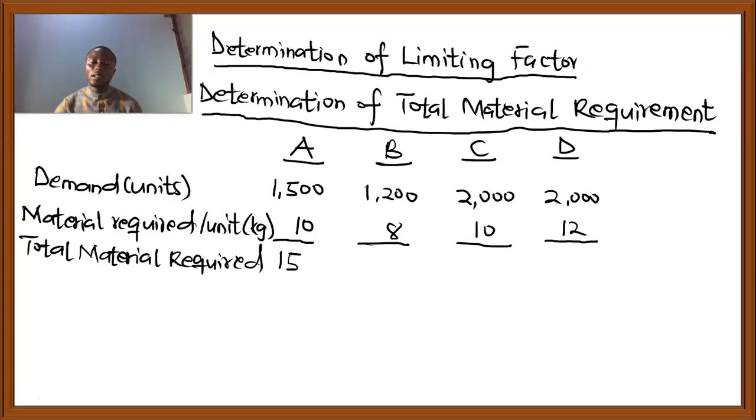That will give us 15,000, meaning that we require 15,000 kilograms of materials to manufacture 1,500 units of table A. For B, we have a total material requirement of 9,600. For C, we have 20,000. And for D, we have 24,000.